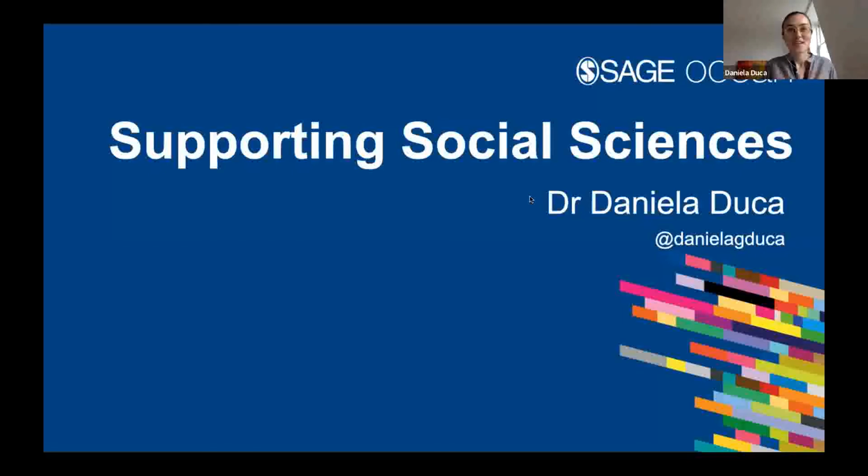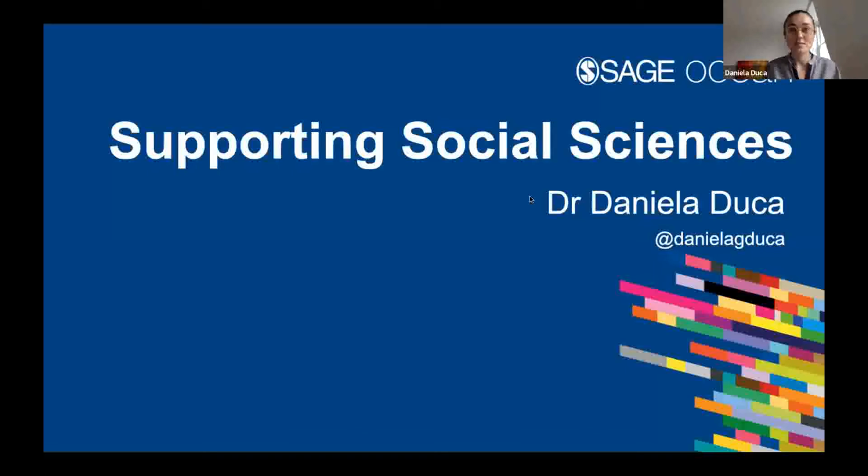So good afternoon, everybody. Well, at Sage, we really strive to support the social science community, and our founder, Sarah Miller-McCune, was really keen to develop and actively encourage new content, especially content that promoted the emerging methods.